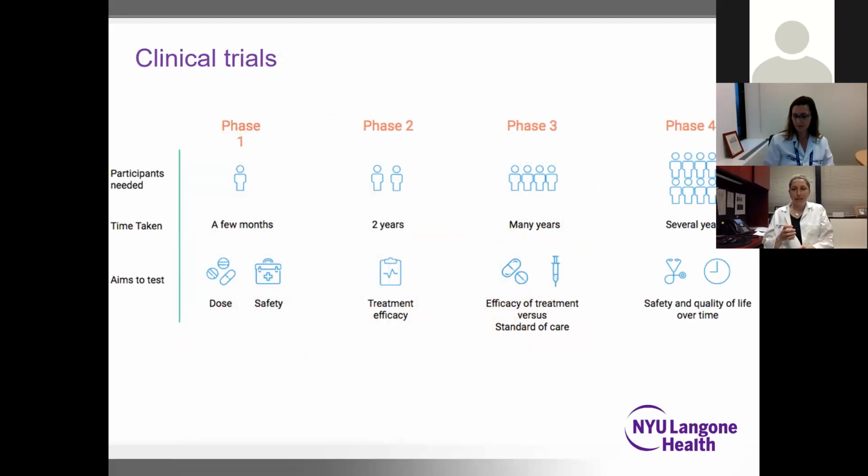Clinical trials. As I mentioned, your doctor might talk to you about a clinical trial anywhere along your treatment continuum. It could be as early as right after you get diagnosed, it could include surgery or radiation or chemotherapy, a targeted agent, immunotherapy. And there are different phases of trials. Earlier trials are the phase 1 and phase 2 trials.